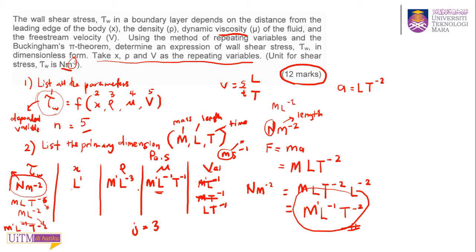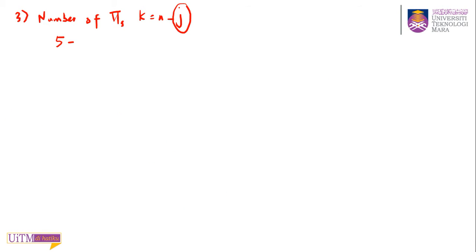What is the value of J in that case? What if there are only M and L? 2. Okay, in this question you have M, L and T. So your J will be 3. Can you understand? So J is 3.